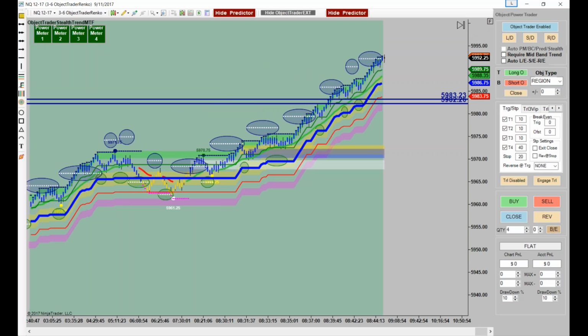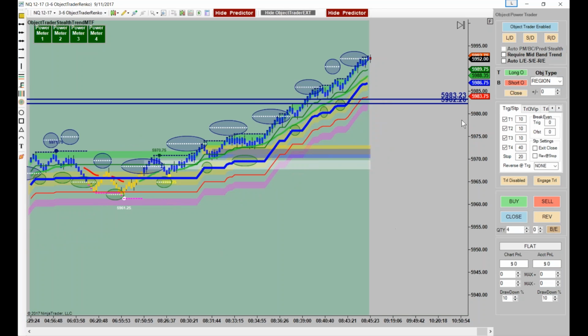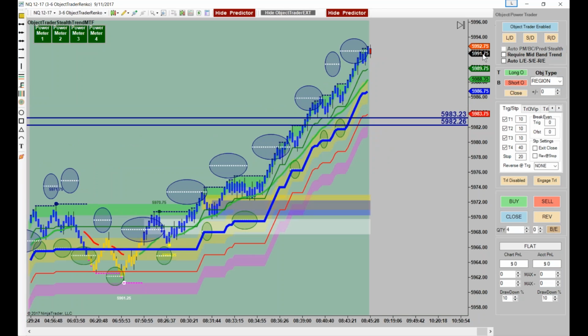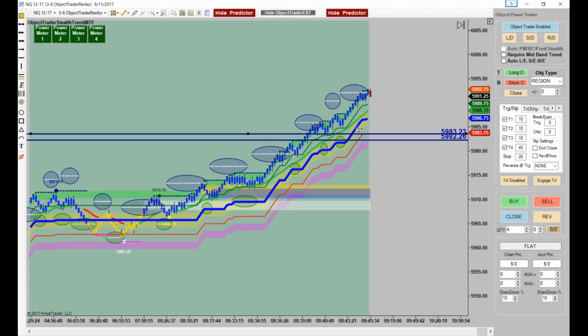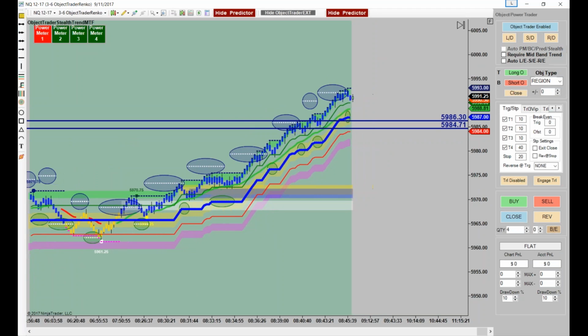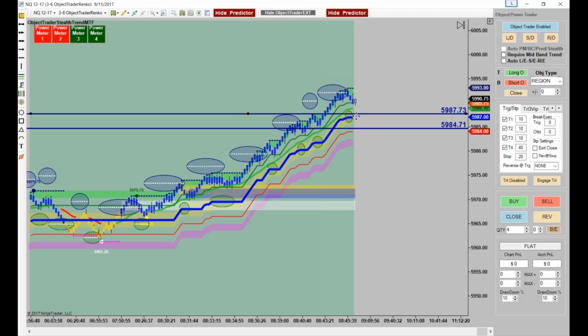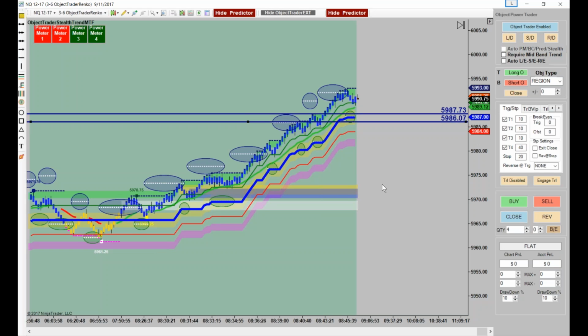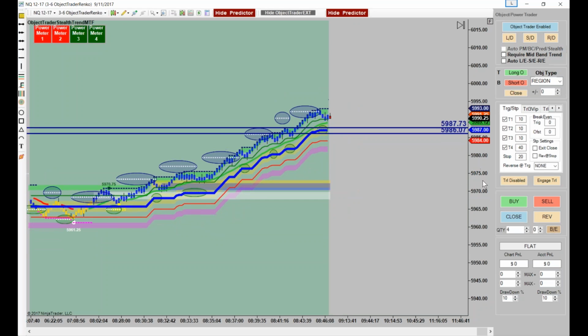So I had that thing going 100 times, so we just couldn't get it. But let's just see if we can get a pullback. Draw on your charts. Right here. Right here. See if we can get it.